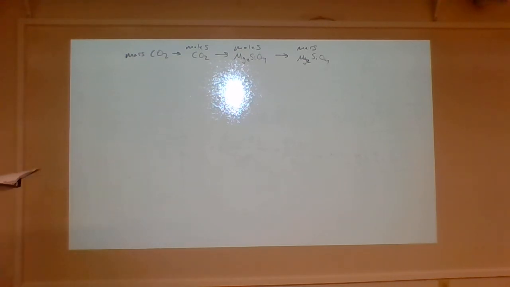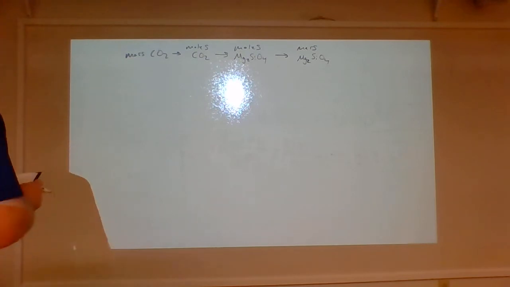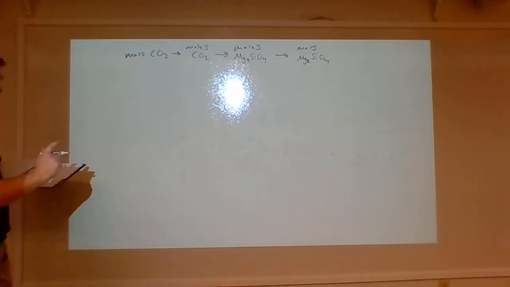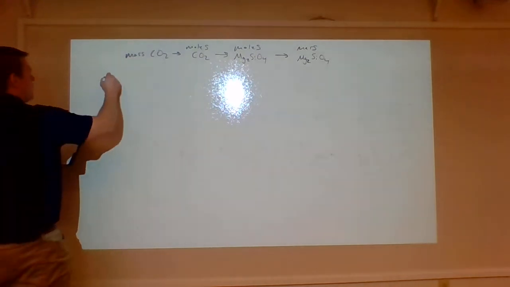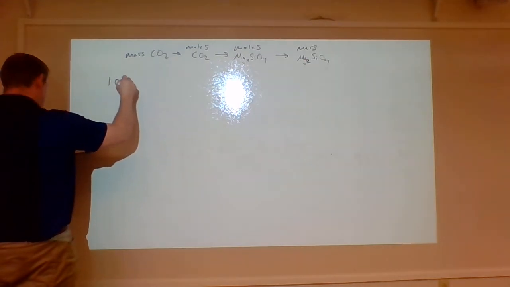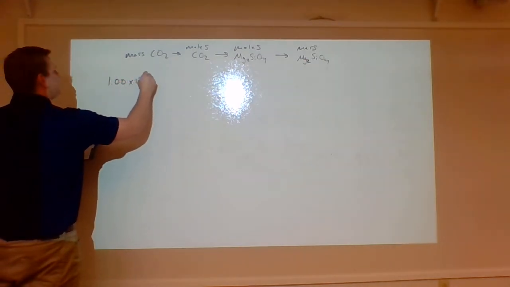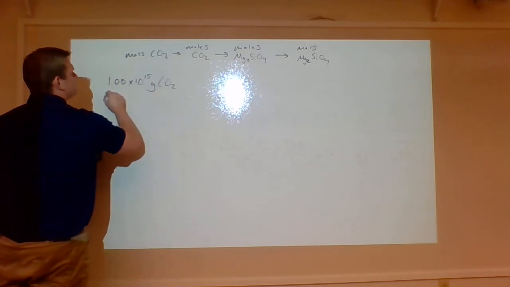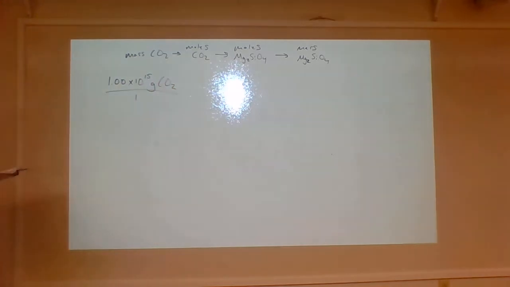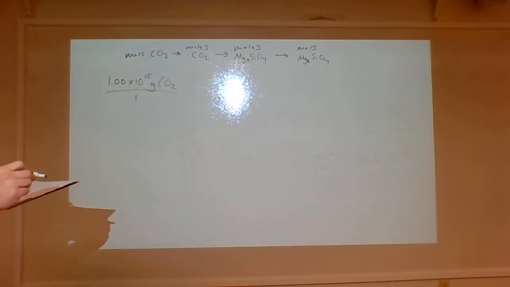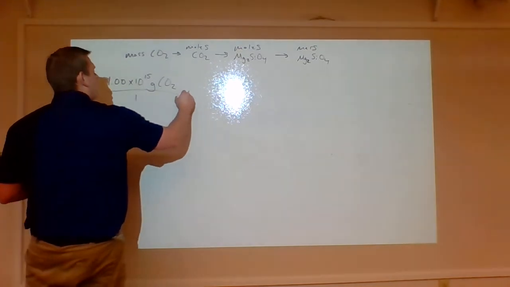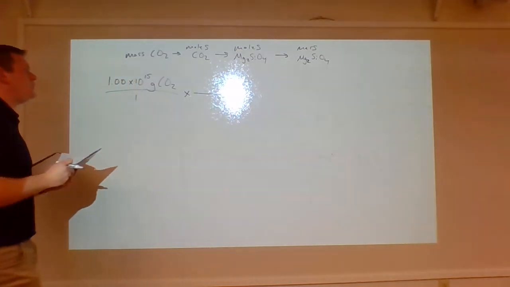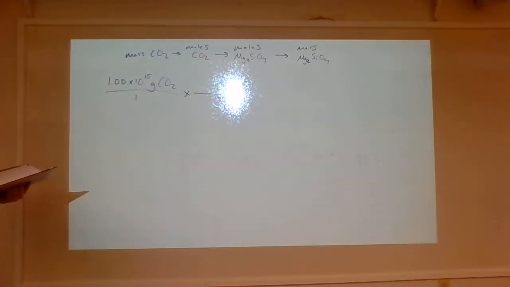Okay, so we start off using our measured value, which in this problem was given to us as 1.00 times 10 to the 15 grams of CO2. And again, we would start with our measured value over 1. We're going to use our molar mass of CO2 to convert our grams into moles.